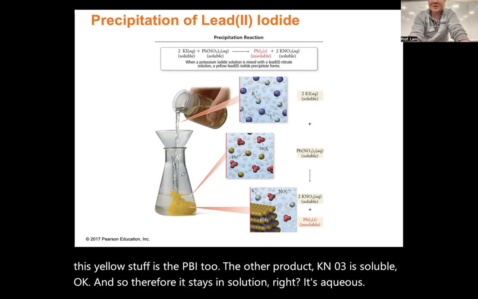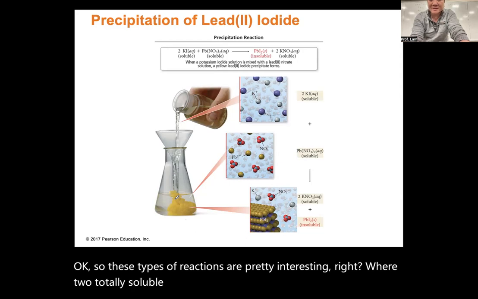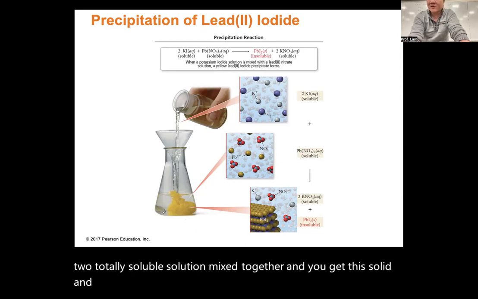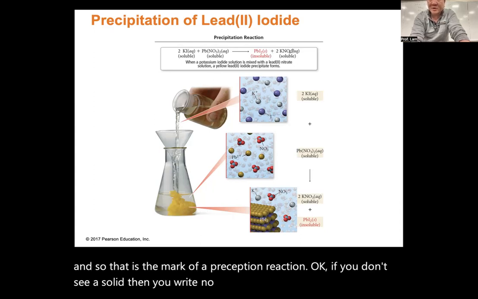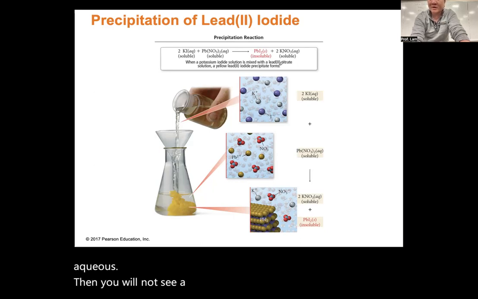So these types of reactions are pretty interesting, where two totally soluble solutions mixed together and you get this solid. And so that is the mark of a precipitation reaction. If you don't see a solid, then you write no reaction here. If both of these are aqueous, then you will not see a precipitate and you would have no reaction.